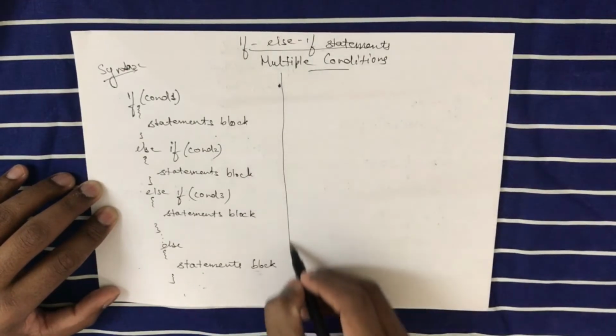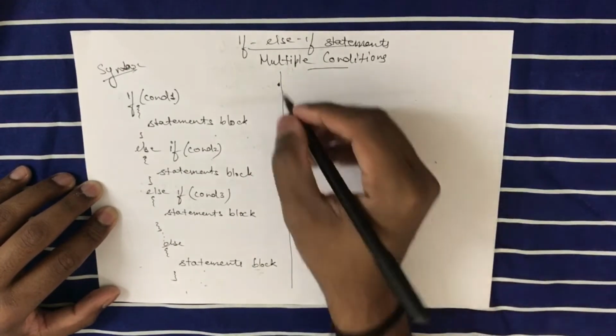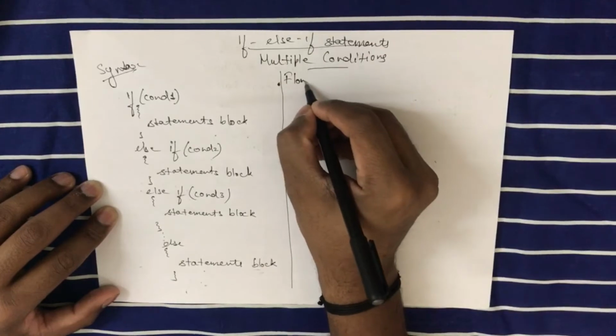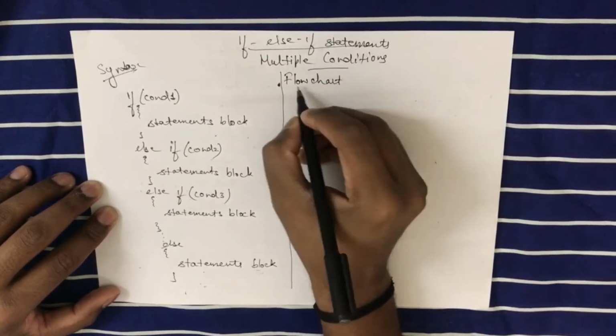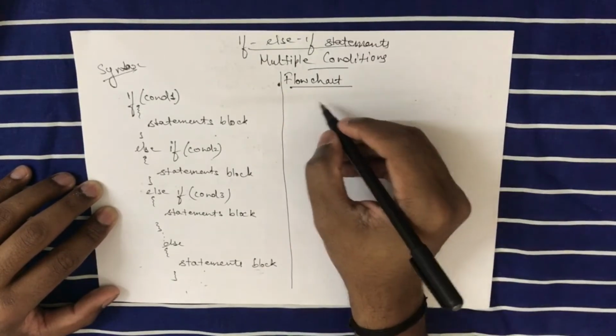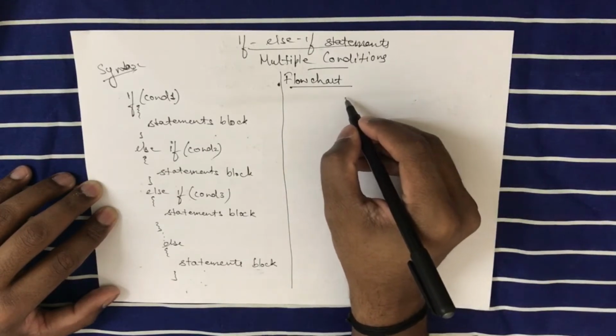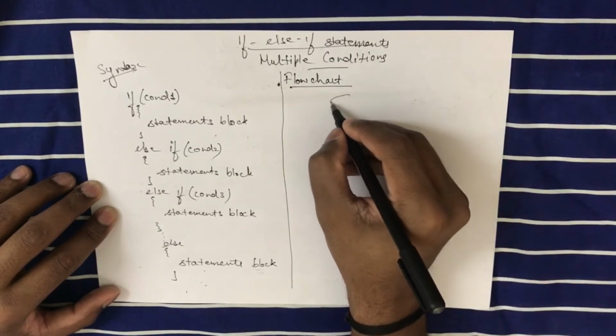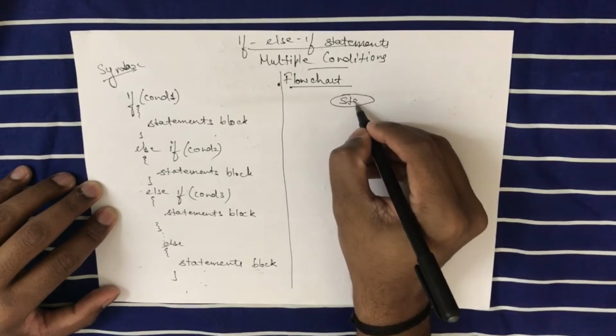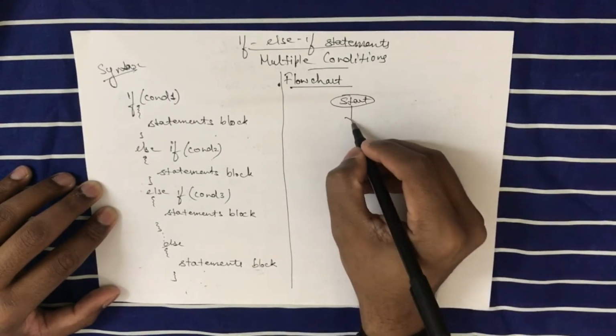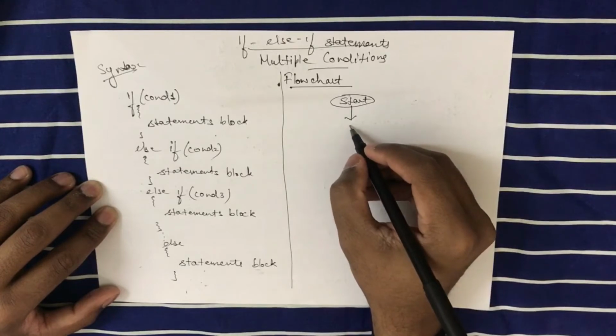Now we'll see the flowchart of if else if. So first start, and then it comes to the condition part.